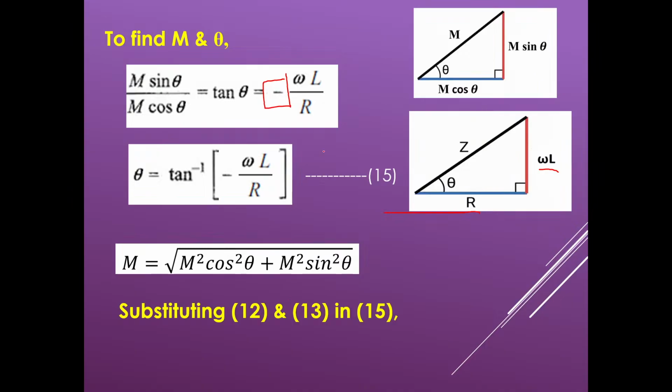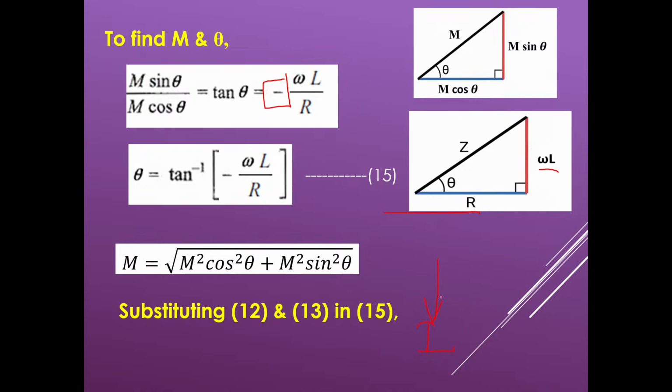The reason behind that is the current. Current lags voltage by some angle. Since current is lagging here in the RL circuit, the I phasor lags.